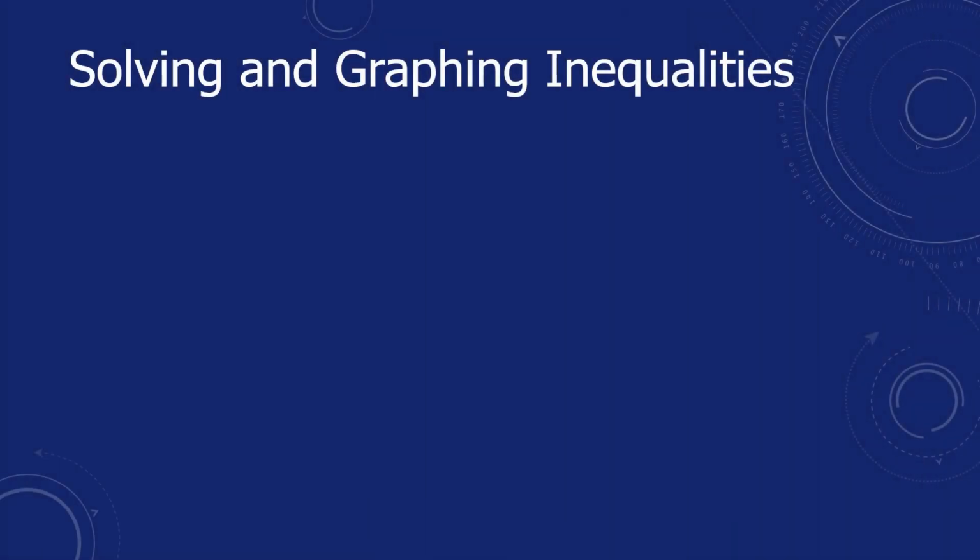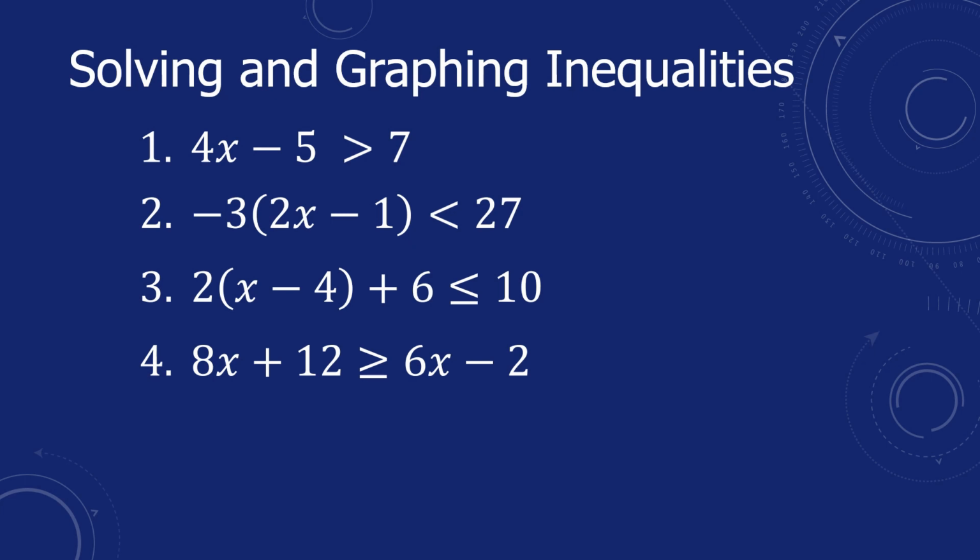Solving and graphing inequalities. In this video, we are going to solve and graph the following inequalities. Number 1, 4x minus 5 is greater than 7. Number 2, negative 3 times the quantity 2x minus 1 is less than 27.